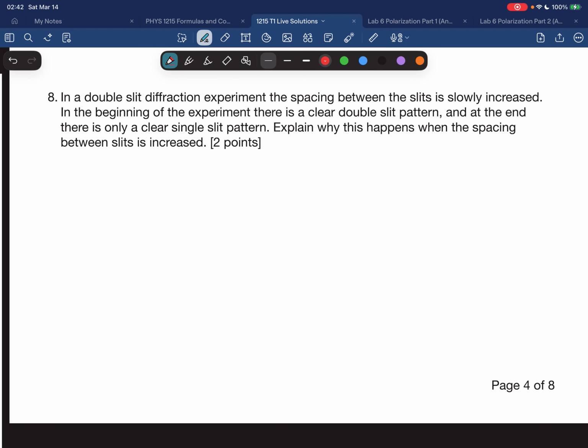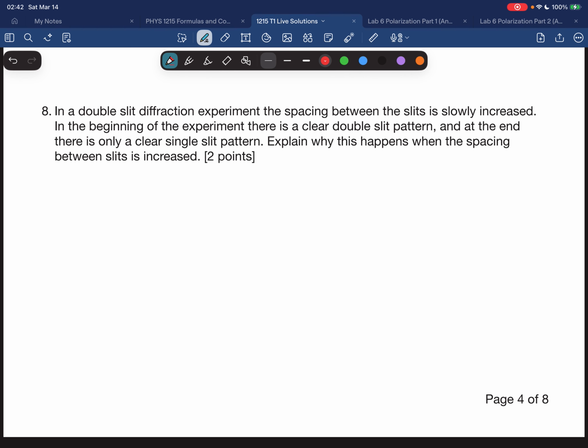So, 8. In a double slit diffraction experiment, the spacing between the slits is slowly increased. In the beginning of the experiment, there's a clear double slit pattern, and at the end, there is only a clear single slit pattern. Explain why this happens when the spacing between slits is increased. So I got a bit of a 2-part answer here.